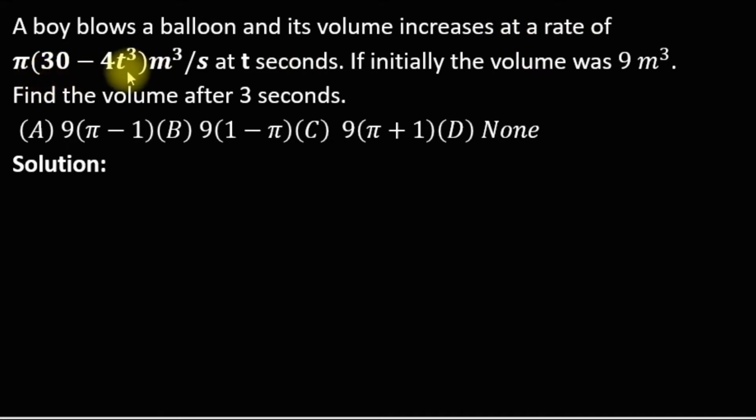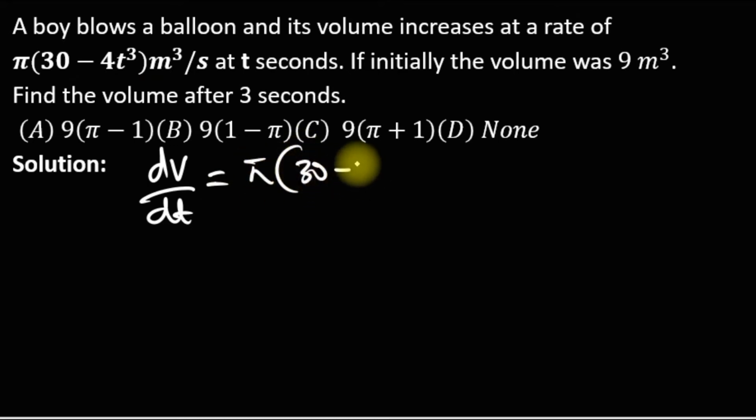So the next: a boy blows a balloon and its volume increases at the rate of pi times (30 minus 4t) raised to power 3 meter cube per second at t seconds. If initially the volume was 9 m cube, find the volume after 3 seconds. So they gave us that dV over dt, remember that's rate, is pi(30 minus 4t) raised to power 3.